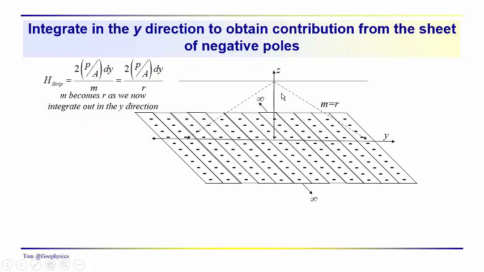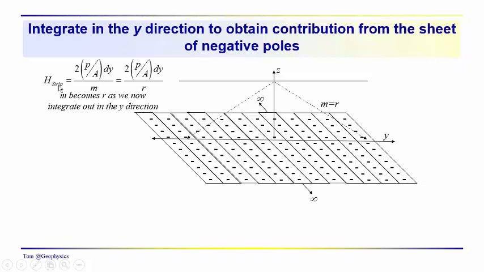So now we're going to let m equal r, and this could have been the strip that we were looking at, and we were calling this m, but we're going to call it r now because r is a variable, and it's going to go out along this entire sheet.